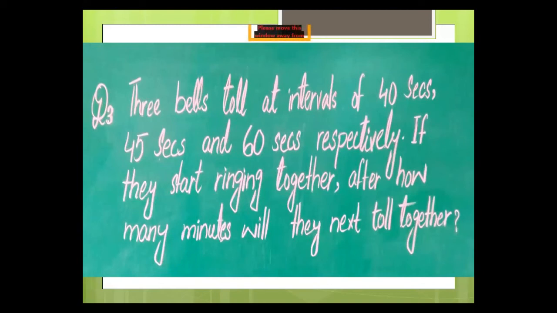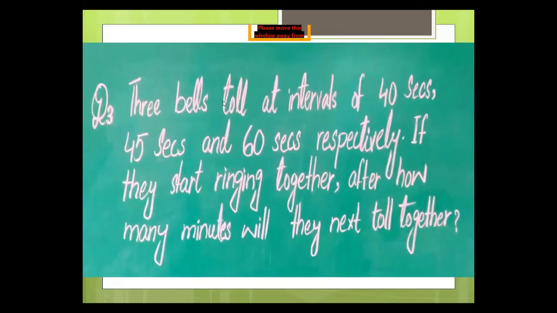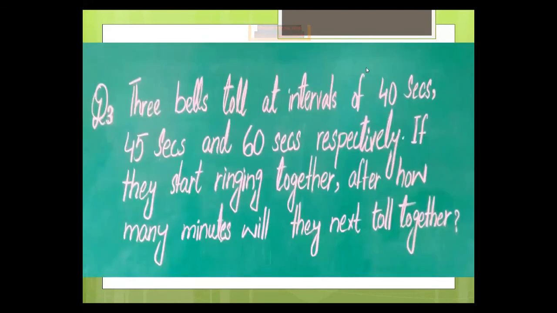The question is similar to example 2 which we discussed. 3 bells toll at intervals of 40, 45 and 60 seconds. Here the numbers change. Before we had 15, 20 and 30, but here the numbers are 40, 45 and 60 respectively. If they start ringing together, after how many minutes will they next toll again all together?